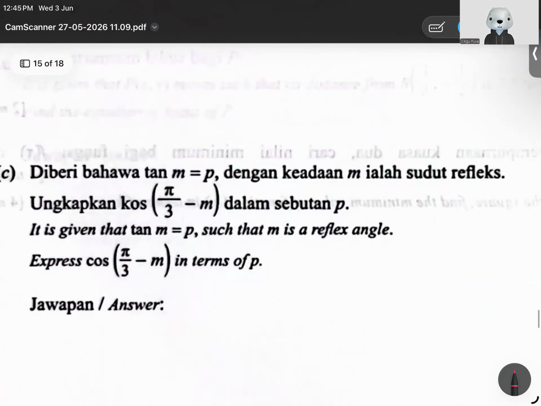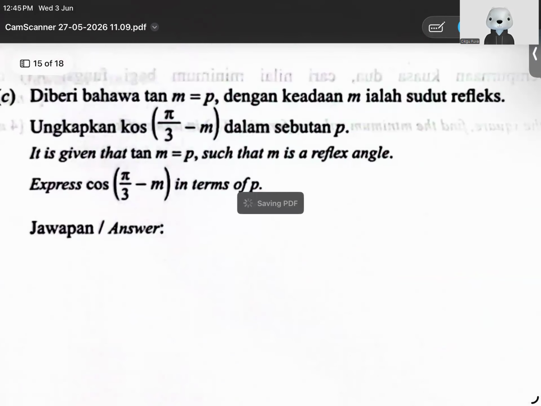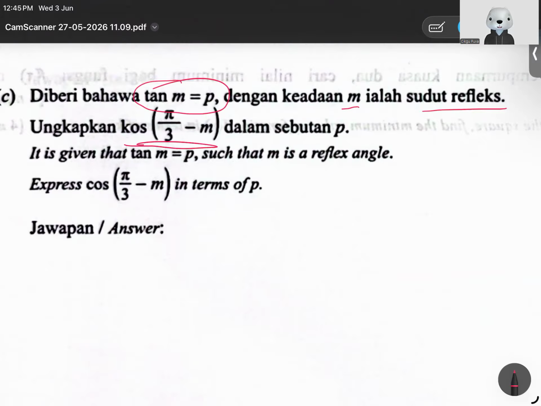Now we go to part C. Given that tangent M equals to p, where M is a reflex angle, express this in terms of p. First, when I look at this, I think about the formula.